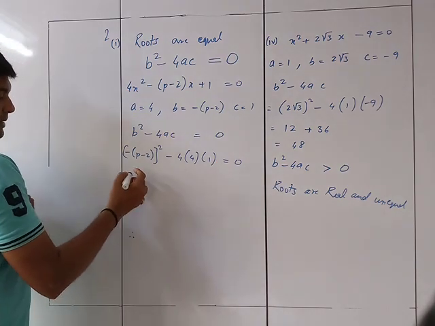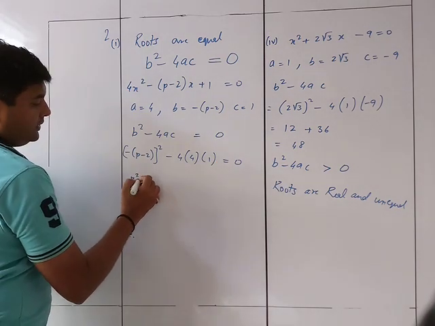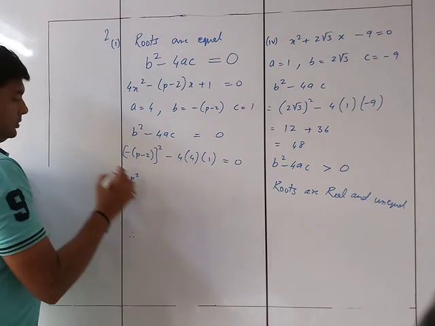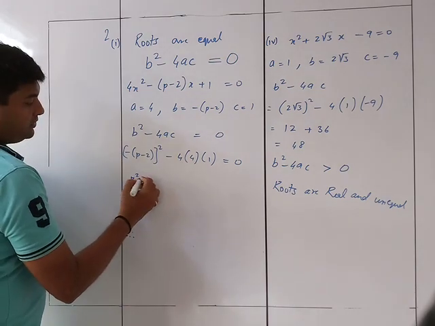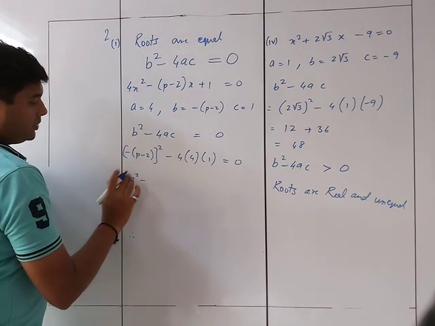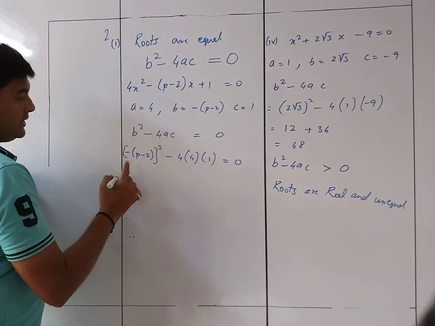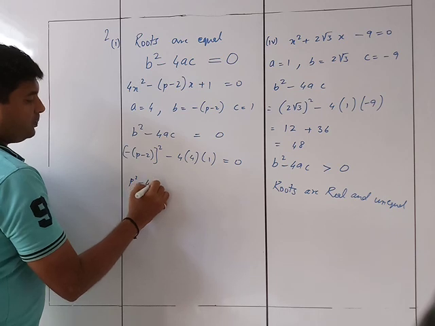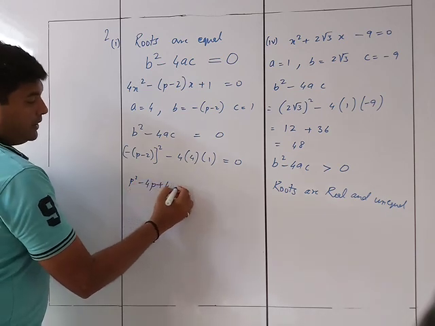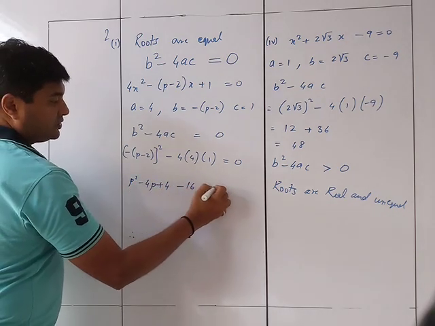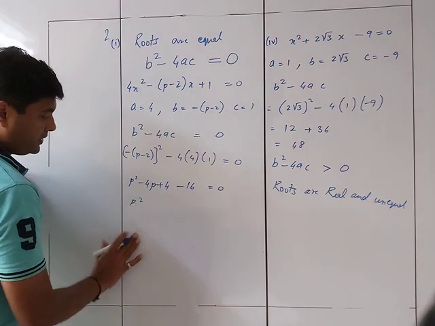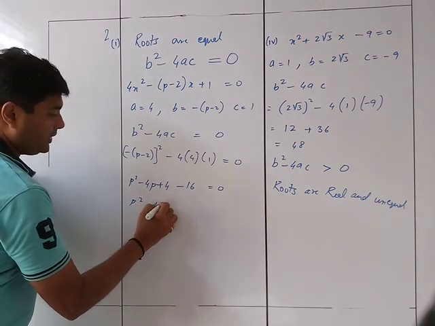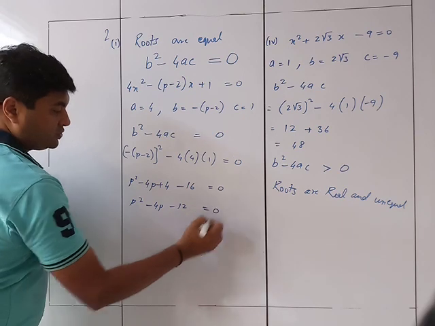Put the minus outside and then square it. So it will be p square minus 4p plus 4 and minus 16 is equal to 0. So p square minus 4p minus 12 is equal to 0.